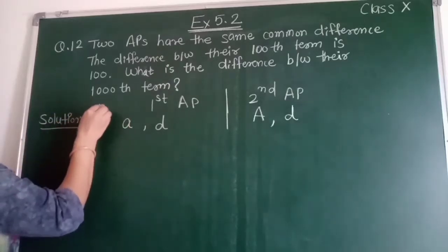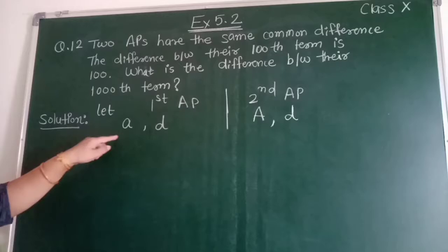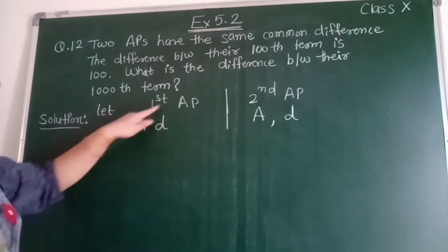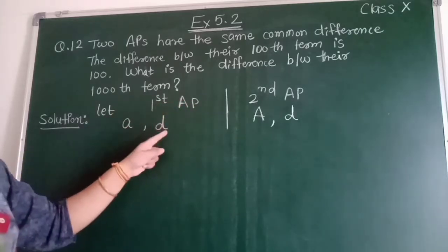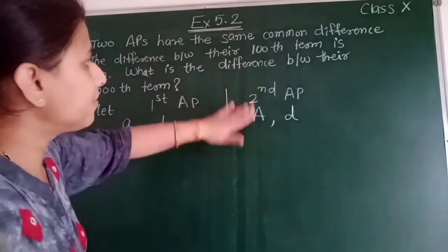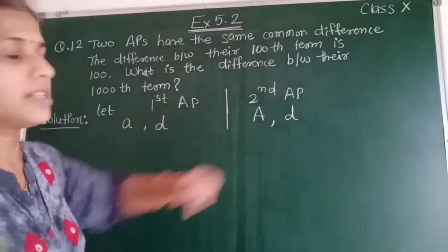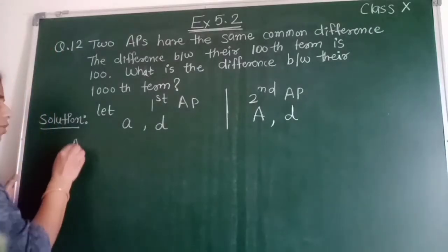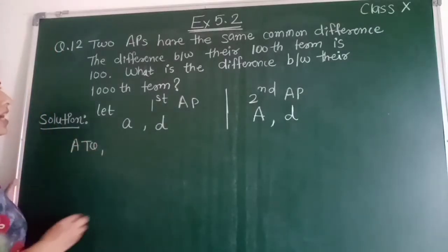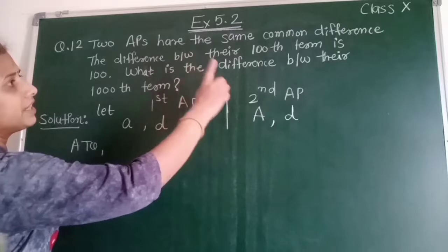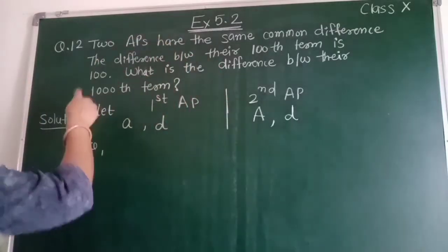First we will suppose this. Let the first term of the first AP be a and the common difference be d, and the first term and common difference of the second AP be capital A and small d. And according to the question, the difference between their 100th terms is 100.